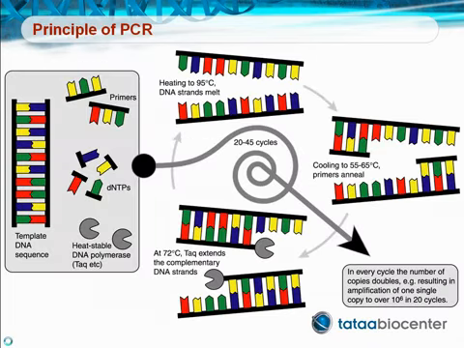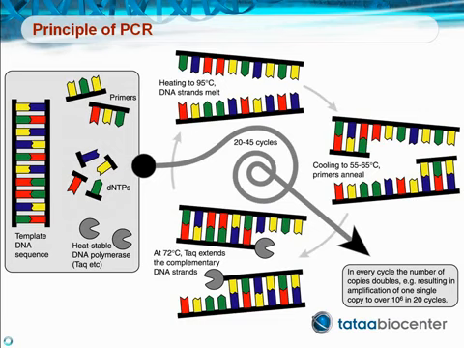PCR, as it was described by its inventor, Kary Mullis, in 1986, is a technique to amplify a target nucleic acid. To a sample suspected to contain the targeted nucleic acid, primers are added.